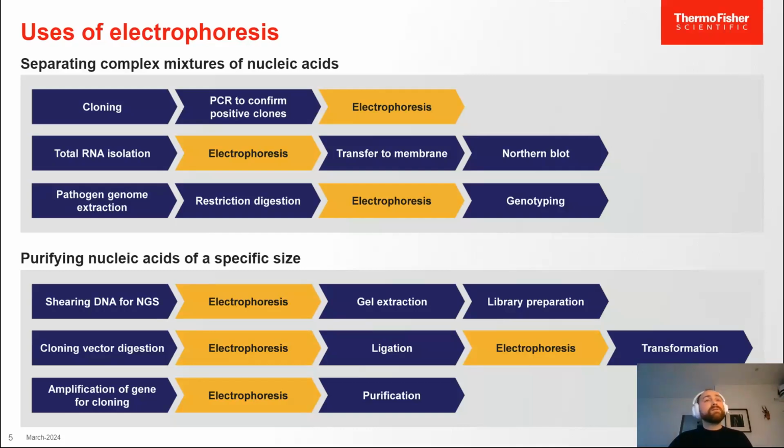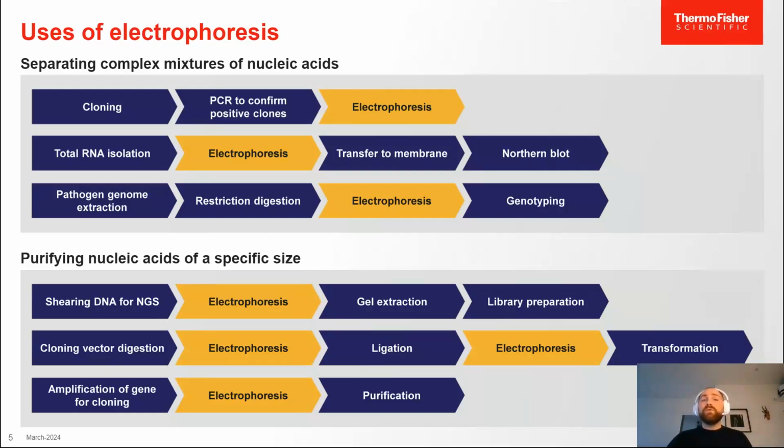Purification, as you will probably be familiar from cloning, is used to amplify your fragment using PCR, then extract it out of the gel using electrophoresis, and then use it for cloning later on.